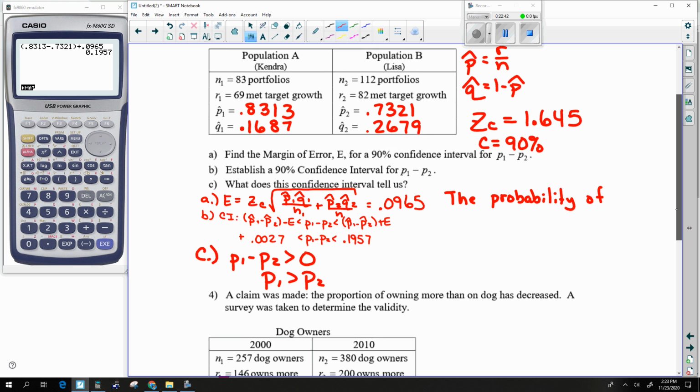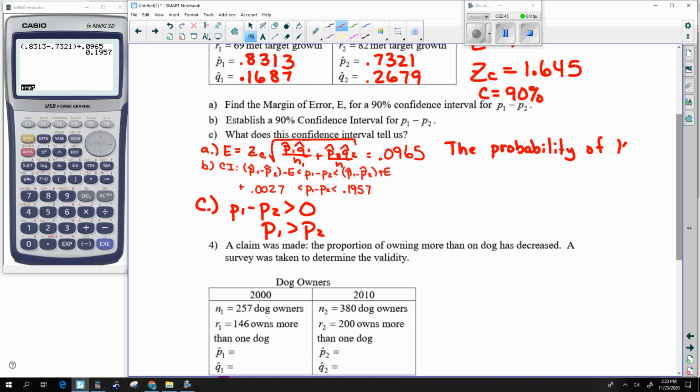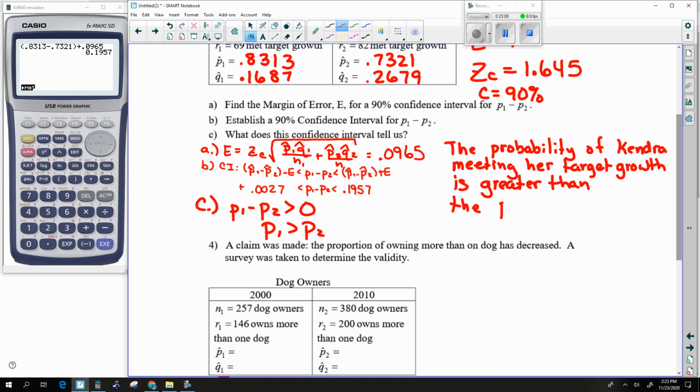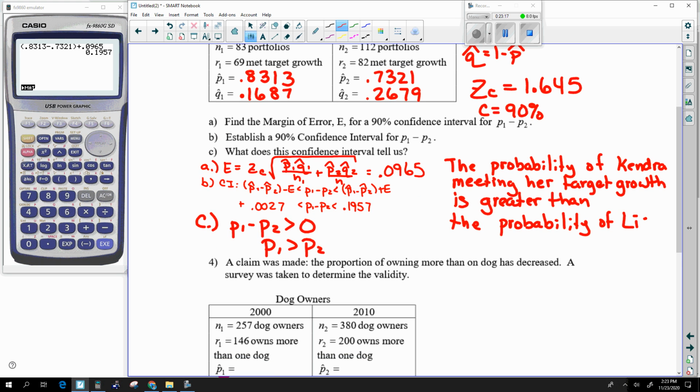I'll just say 1, which is Kendra. So the probability of Kendra meeting her target growth is greater than the probability of Lisa meeting her target growth.